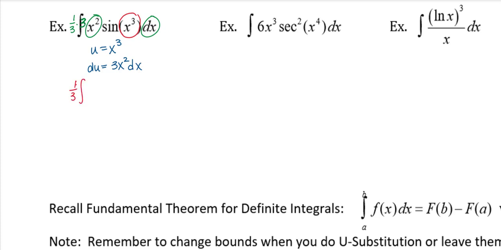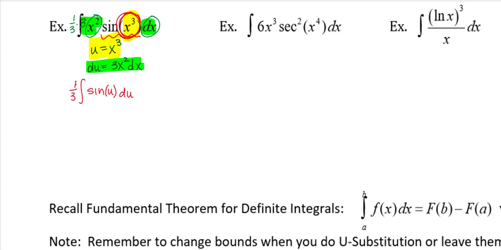Well, I'll highlight this for you. This 3x squared and the dx is all going to become my du. And the sine of x cubed, well, x cubed was my u. So I will have inside my antiderivative sine of u. If you want to put that in parentheses, you can.